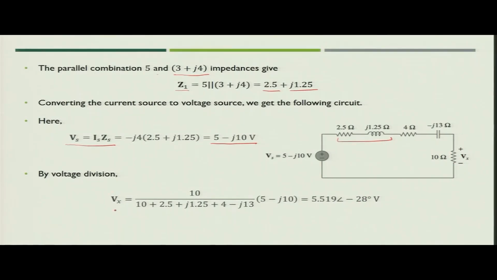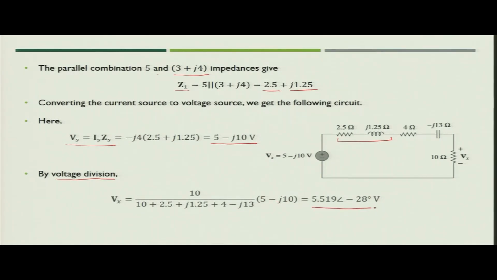So, what is the value of Vx in this case? You will simply utilize voltage division. Vx is nothing but 10 divided by the elements which are now connected in series, 10 plus 2.5 plus J1.25 plus 4 minus J13, multiplied by the voltage source Vs, that is 5 minus J10.